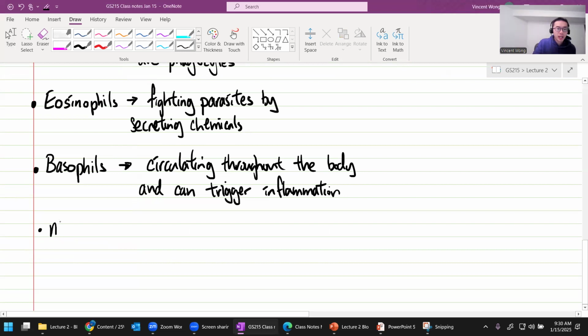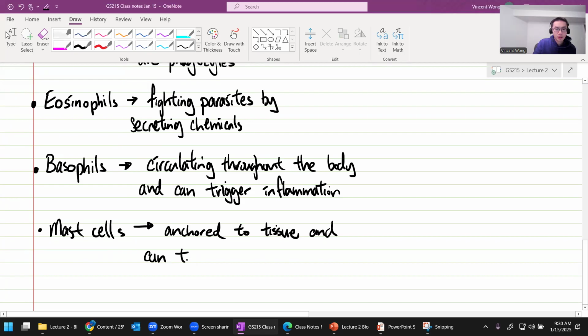There is another kind called the mast cells. They are related. Instead of circulating throughout the body, they are generally anchored to tissue and can also trigger inflammation. This is more localized though.